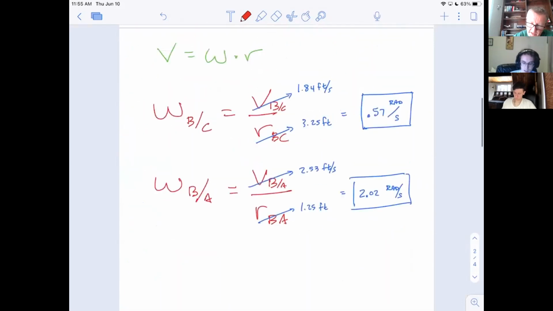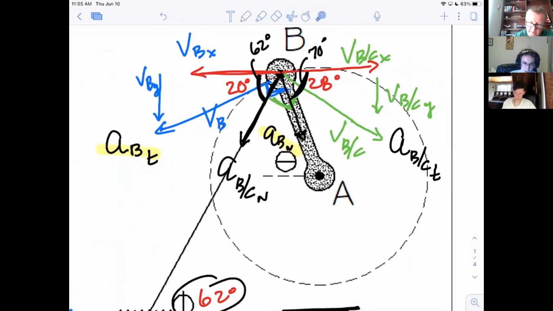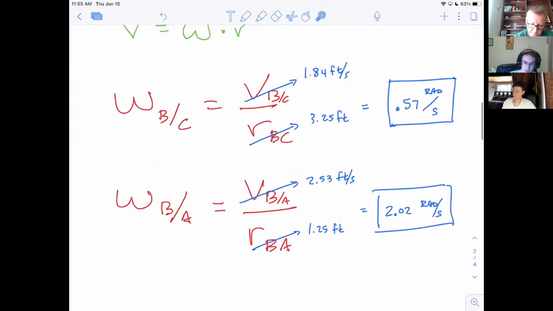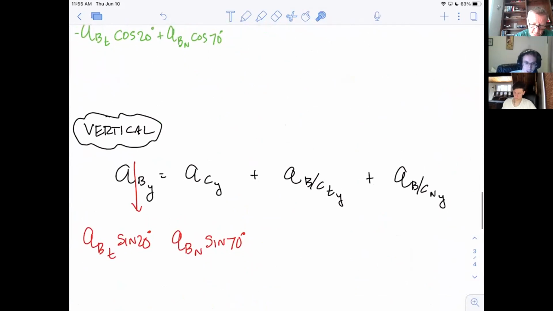So I'm going to go back here and look at Bn. I'm staring at this and I'm thinking, oh, that's going right and down. So my X is positive, my Y is negative. So my Y was negative because it was going down.